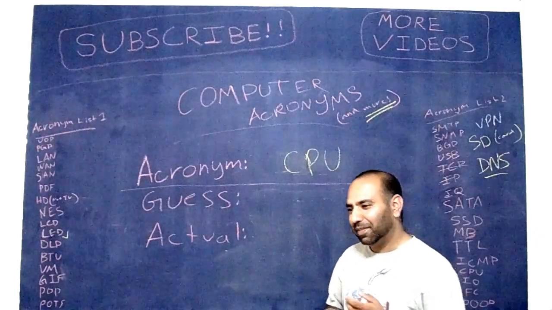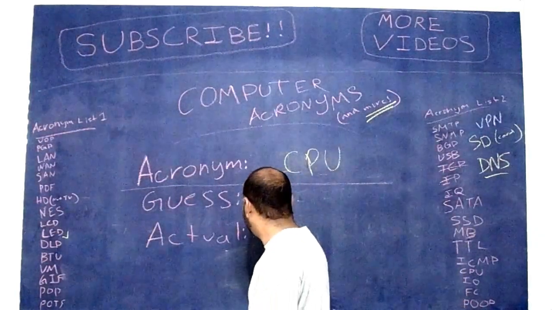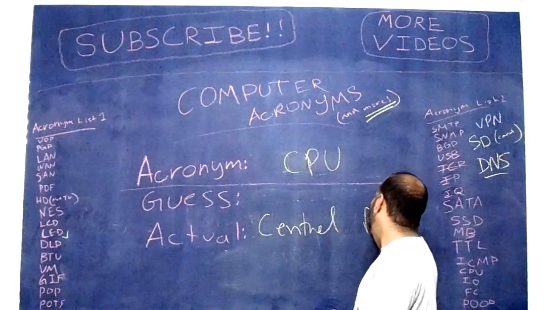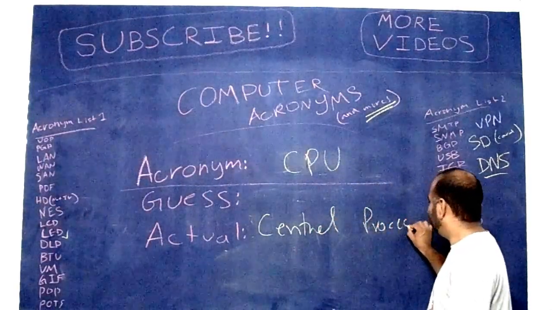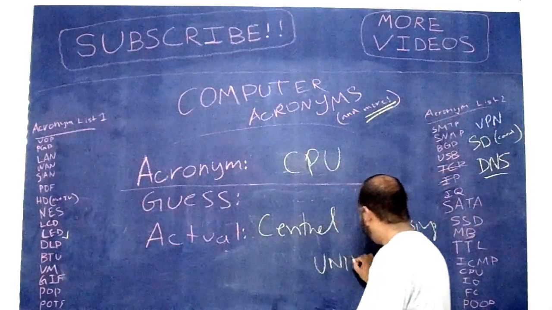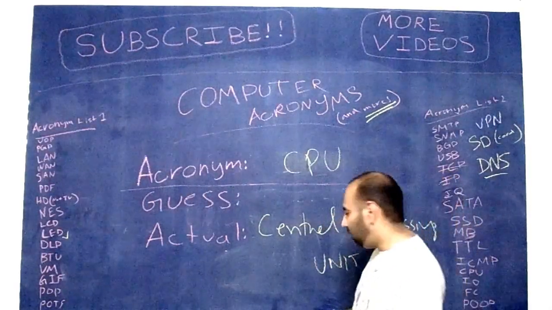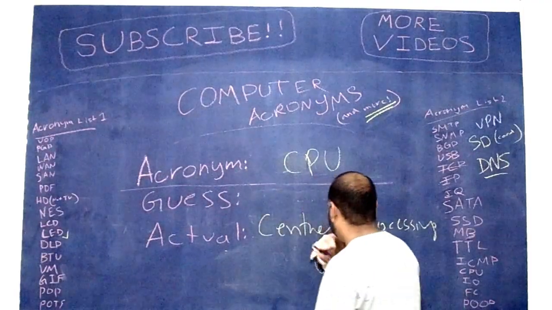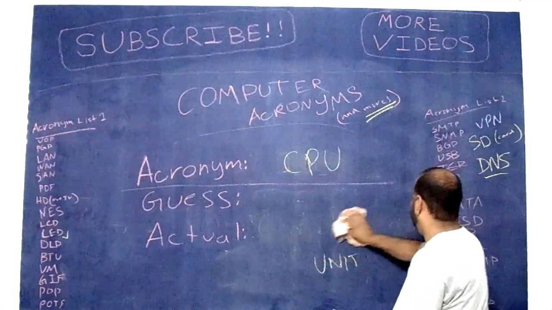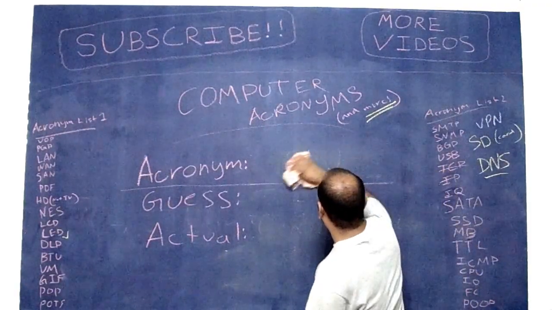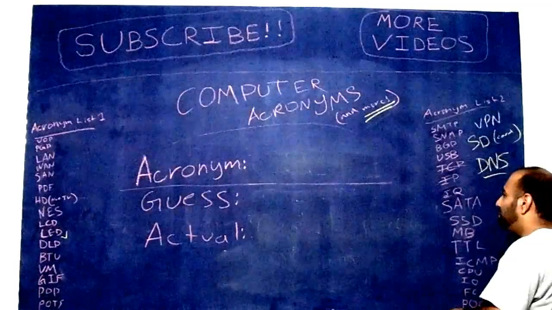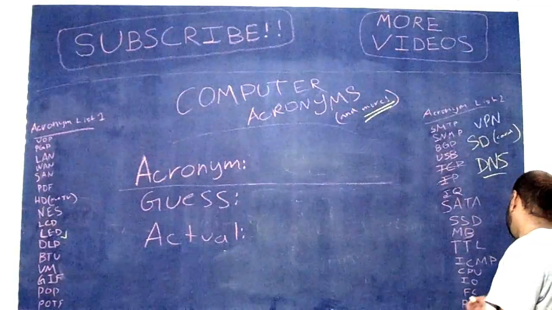It's Central Processing Unit. So when people are playing video games and they say, I was attacked by a CPU, that's not really right. Well, you know, some CPU is controlling all those minions that are attacking you.